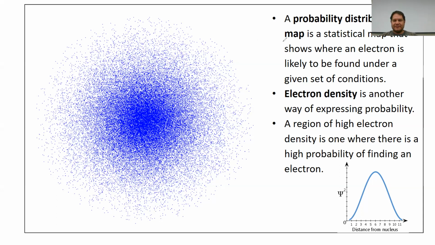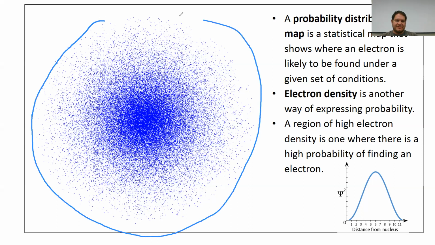Now, if I was to draw a kind of boundary around this, as best I can, this seems to have a boundary, because where there's no dots, and I know this is not perfect, there's no possible way for an electron to be out here.